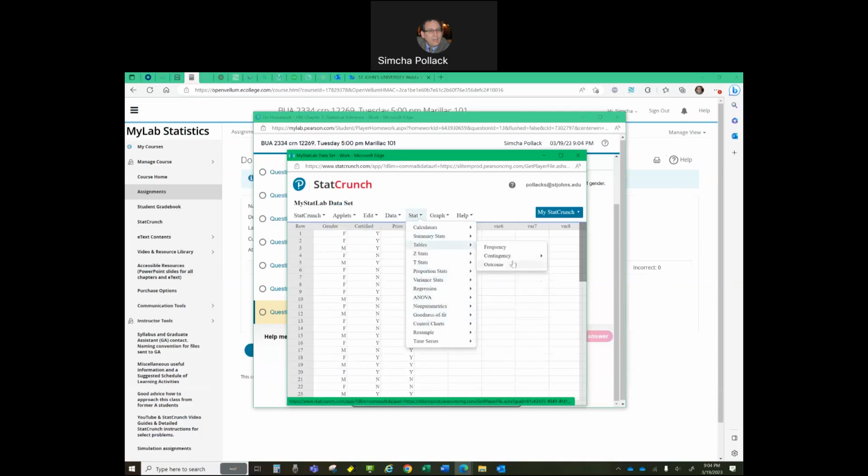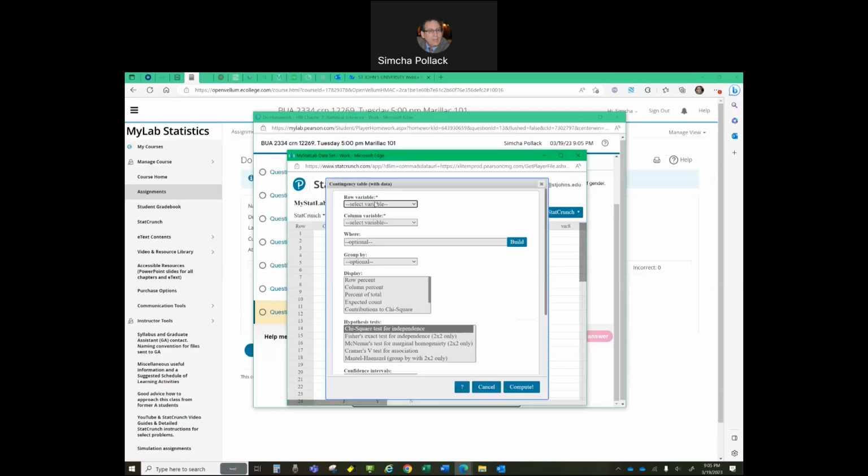Tables, contingency table. Contingency means how one variable is contingent, which means depends, upon the other one. So let's do that with data, because they're not giving us, like in other examples, how many men and women. They give us the raw data, so with data, we select the variables.